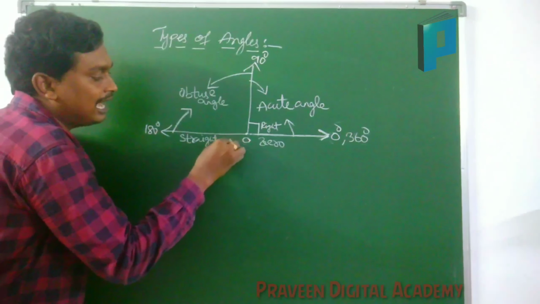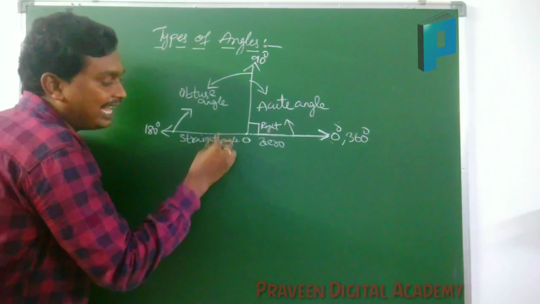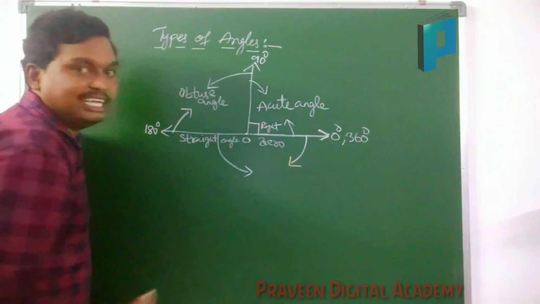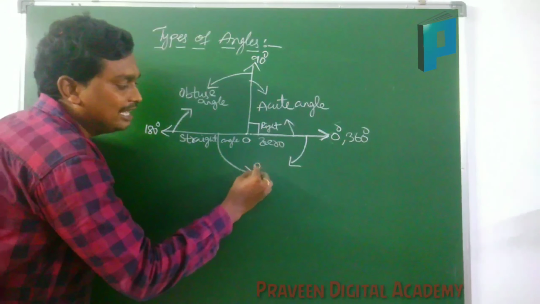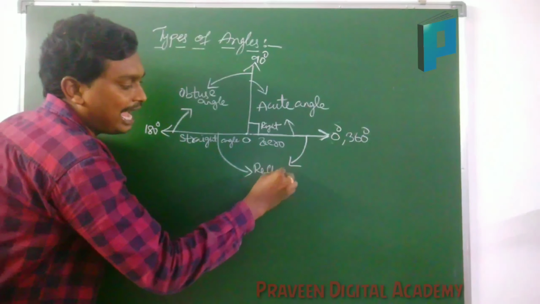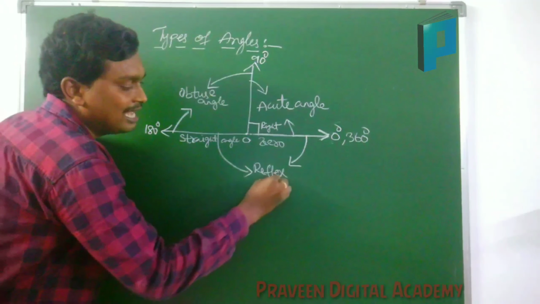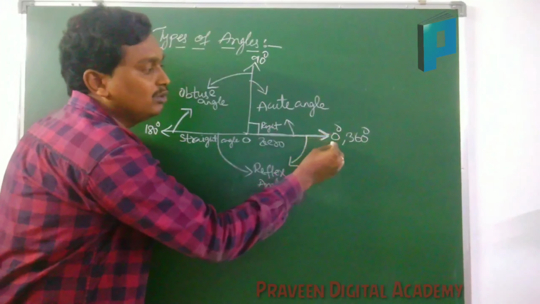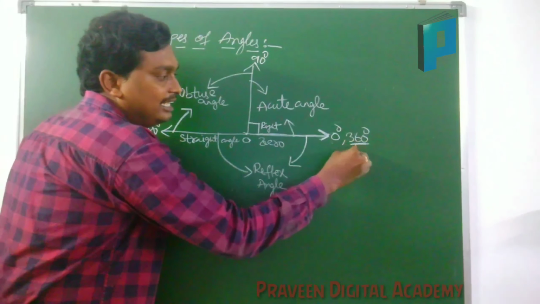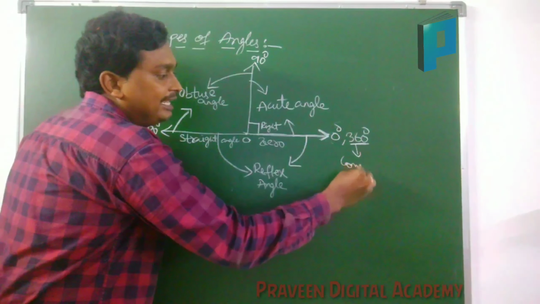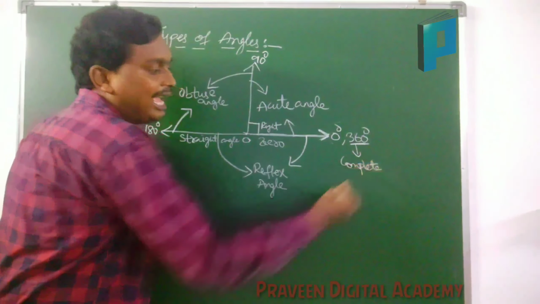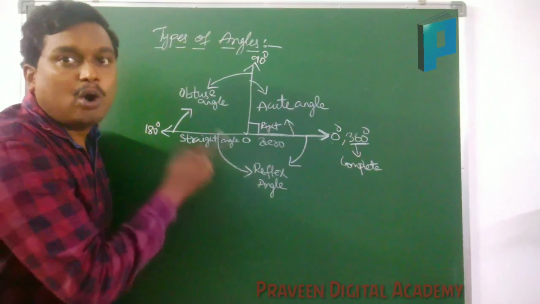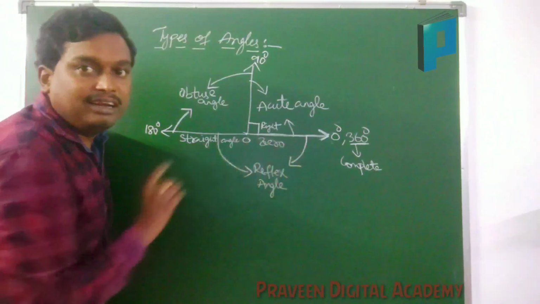Here the angle which is greater than 180 and less than 360 is called reflex angle. Here the angle exactly equal to 360 degrees is called complete angle. In this way we can write all the angles in one figure.